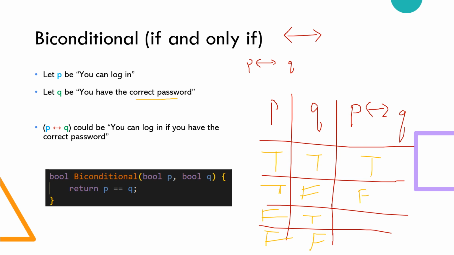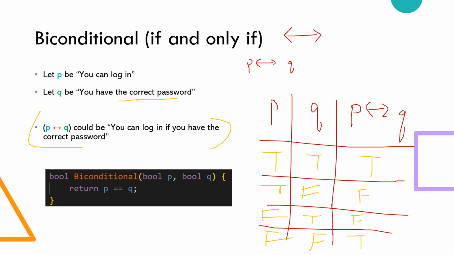And if you have the correct password, then it's not the case that you can't log in, so if P is false and Q is true, then that is false. And lastly, if you have the incorrect password, then you obviously can't log in. So if P is false and Q is false, then the whole statement P biconditional Q is definitely true.